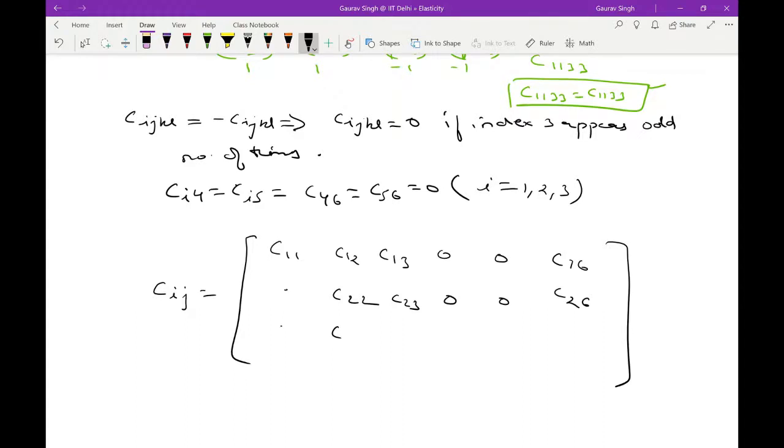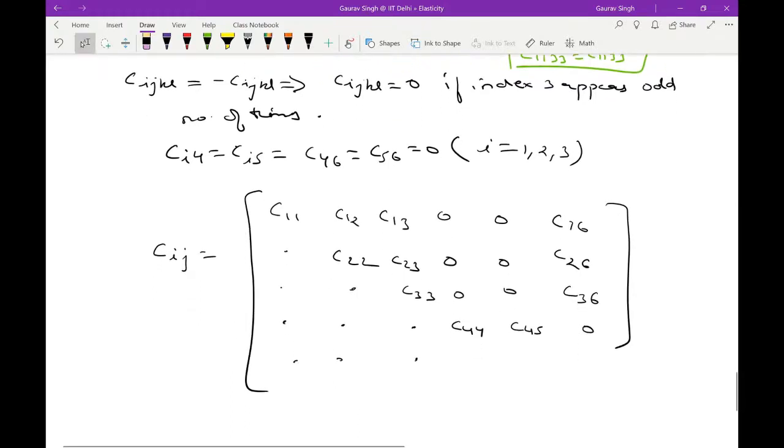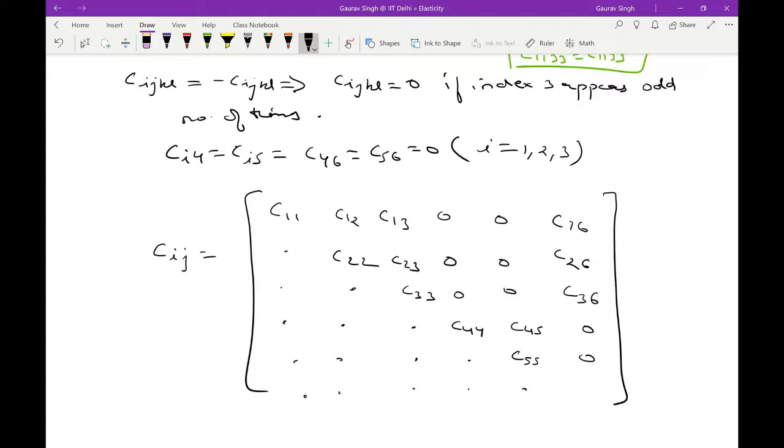C, sorry, this is just symmetric, so I'm just putting a dot. 0, 0, C36.